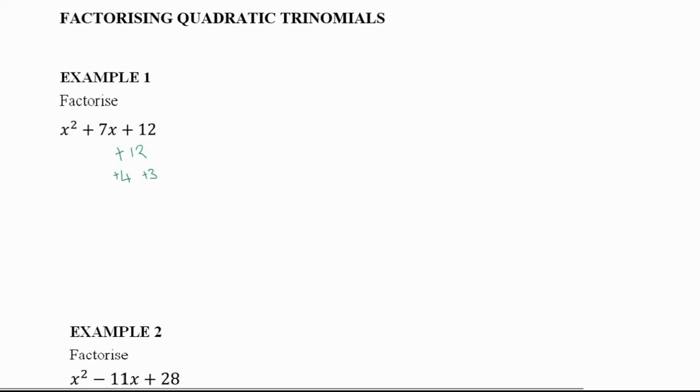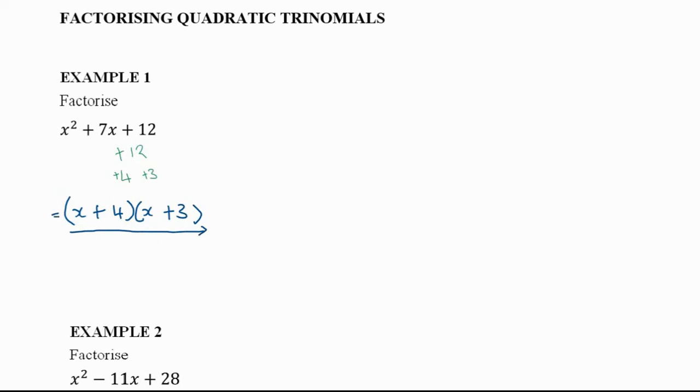So I've got the factors that I need. Now I'm just going to open two brackets, with x in one and x in the other. The one factor is a positive 4, so I'm going to put a plus 4 there. The other factor is a positive 3, so I'm going to put a plus 3 there. And this trinomial has been factorized.